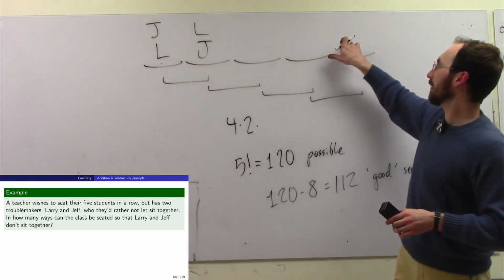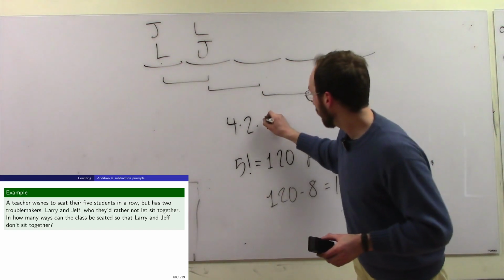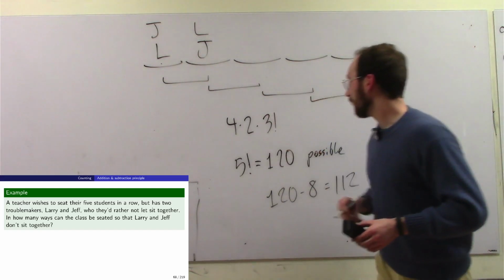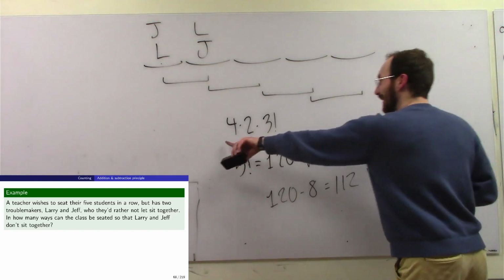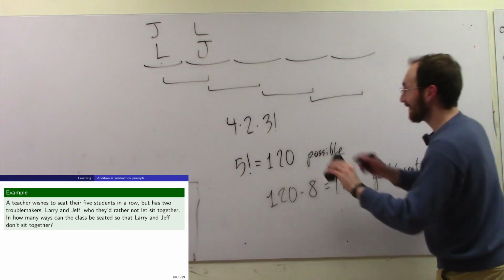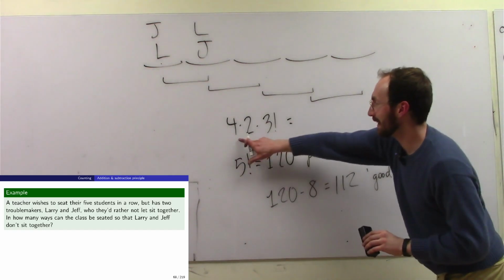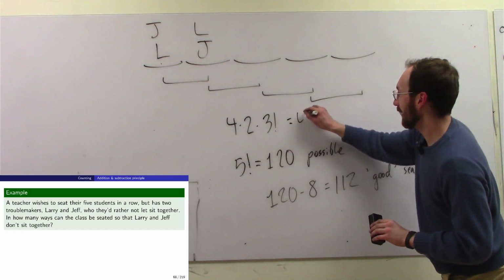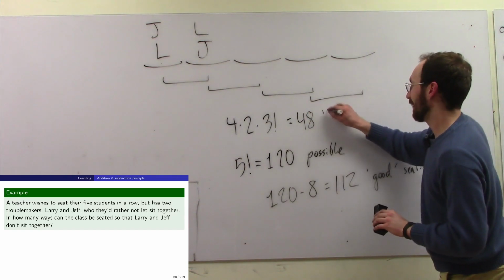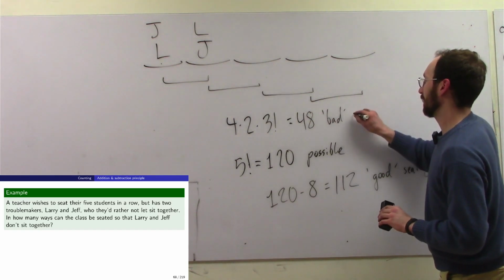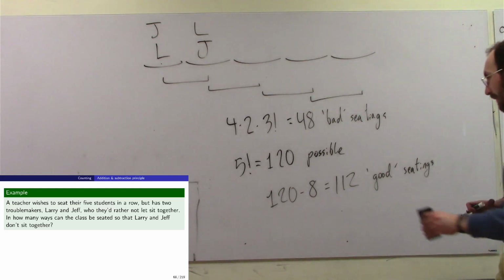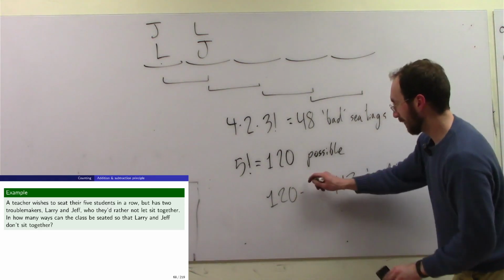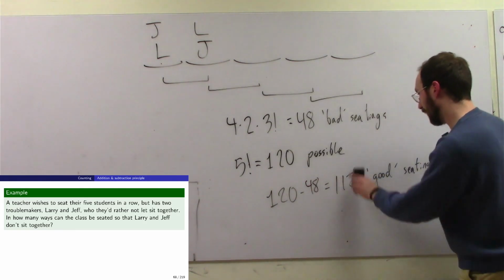Then I had 3 spaces left, and I'm just going to permute those. Thank you so much, audience member. It felt like something was wrong here. Okay, good, because there was. So in fact, there's actually 8 times 48. There are this many bad seatings. So in fact, there we go. That makes more sense.